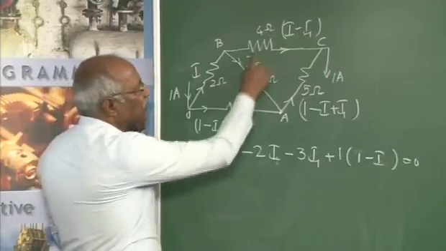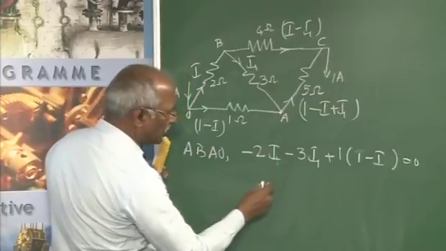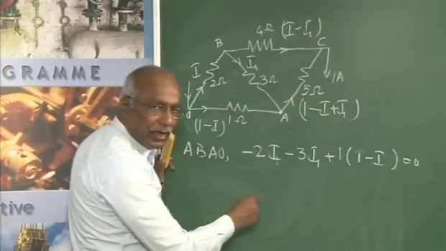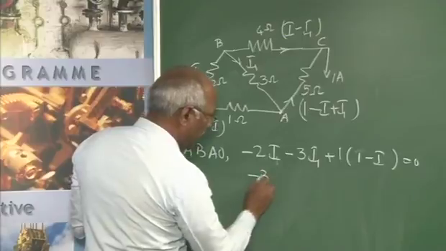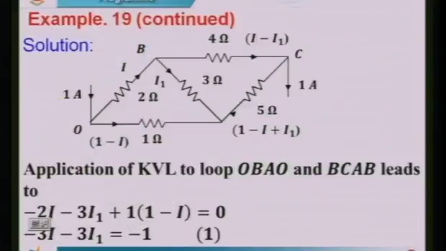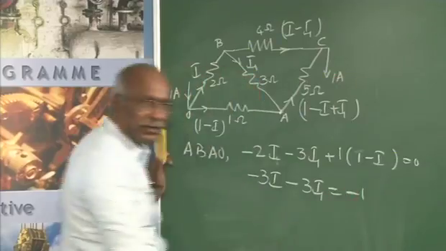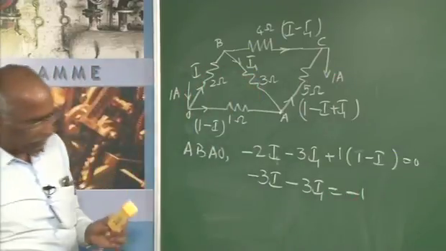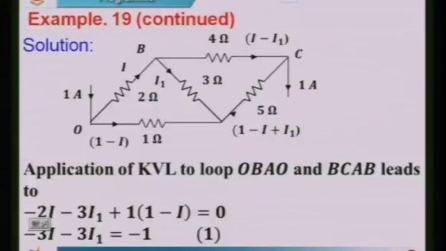It can be simplified: minus 3I, then minus 3I1 equal to minus 1. Call this equation 1.